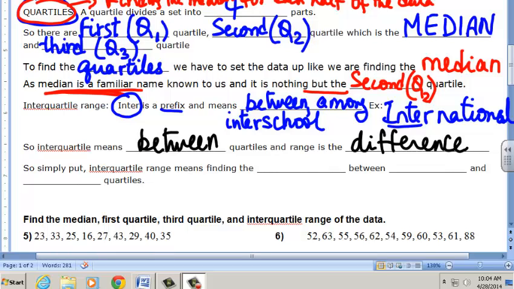That's what it is. So finding the difference between quartile 3 and quartile 1. That's the key. Remember, that is your sort of formula. Okay, all right.